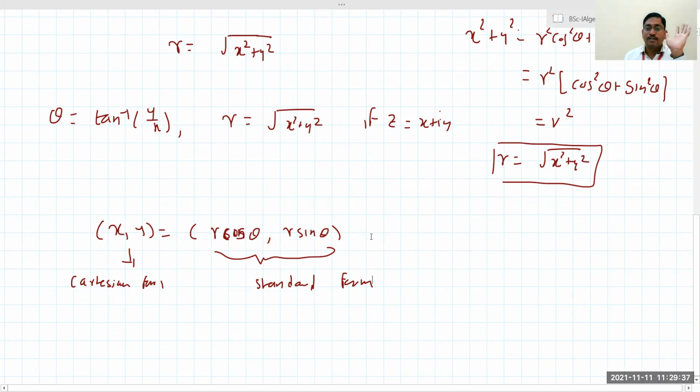That comparison is done for real numbers, but as far as complex numbers are concerned, we never compare them. We never say that Z1 is greater than Z2. Don't say like this. But distance-wise, direction-wise, we can say where the position of that complex number is.